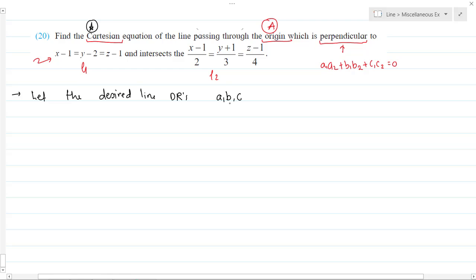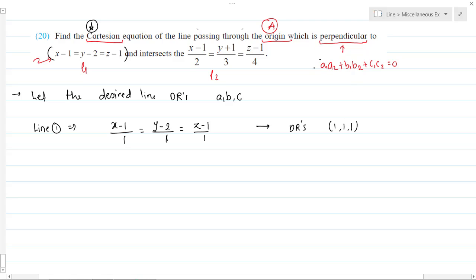Now this line is perpendicular to line number 1, so let's take line number 1 here: x minus 1 by 1 equals y minus 2 by 1 equals z minus 1 by 1. There is nothing in the denominator, so we can directly write 1, 1, 1. So the direction ratios of this line are 1, 1, 1.